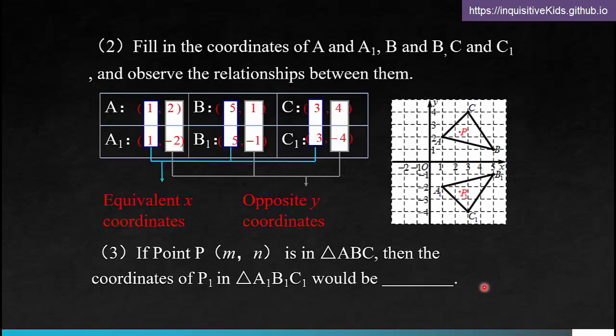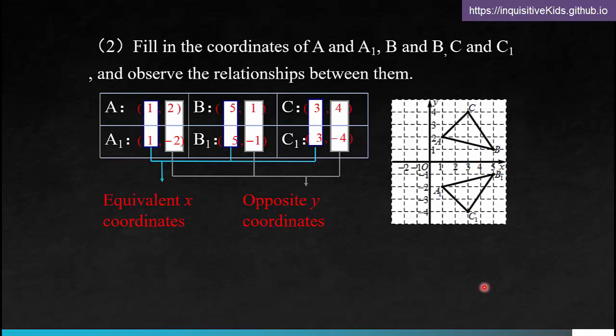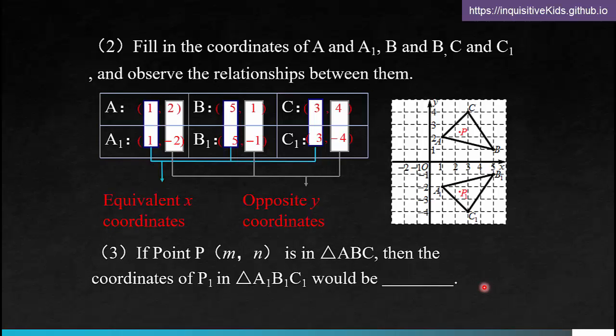So what caused this change? What caused this change was that they're reflected. I'm saying the word reflected a lot because that is the type of transformation this is. You're not going to learn that yet, but it's always good to start using mathematical language. So they're reflected, or symmetrical about the x-axis, meaning that they have equivalent x coordinates and opposite y coordinates, which makes sense if you think about it.